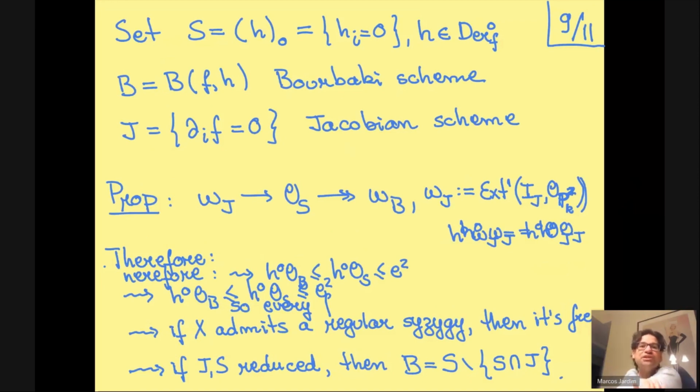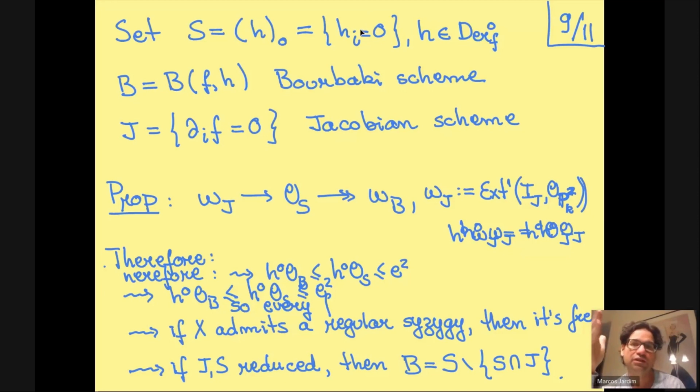So one way to interpret the meaning of this Bourbaki scheme is the following. If you take a syzygy H, you can look at the common zeros of the 3 polynomials in H. Typically, that will not be empty, and it will give you a bunch of points.